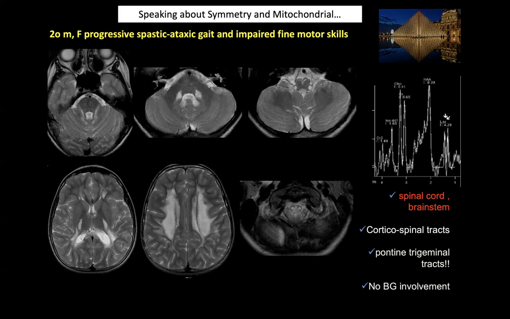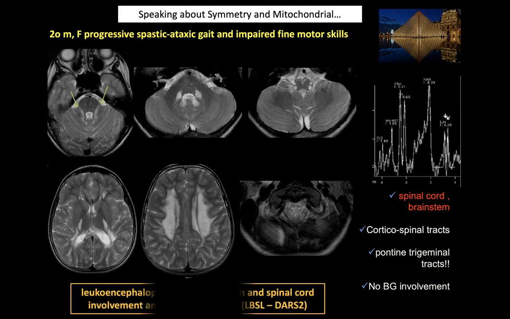No basal ganglia involvement. If you spell out this radiological description, what you have is leukoencephalopathy with brainstem and spinal cord involvement and increased lactate, LBSL, DARS2. There is a version of it with hypomyelination, so it's not so prominent. The appearance of a leukodystrophy is another ARS gene.